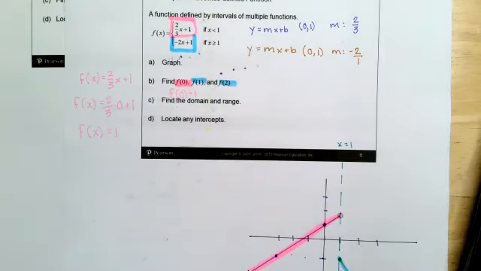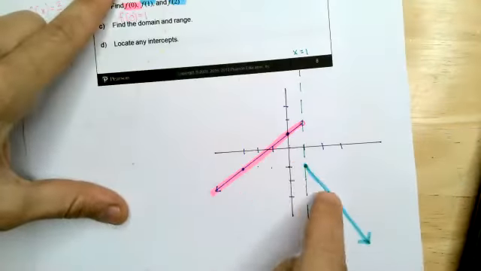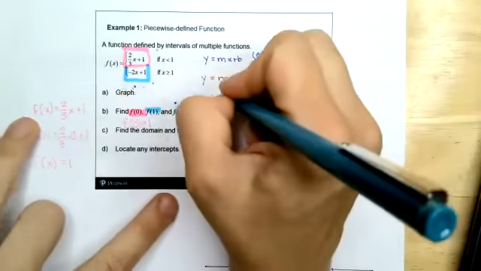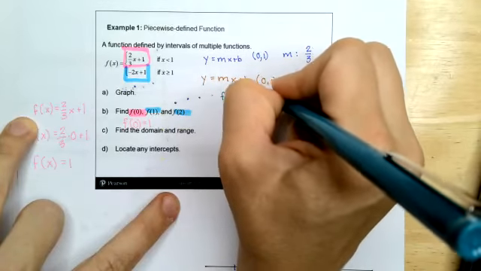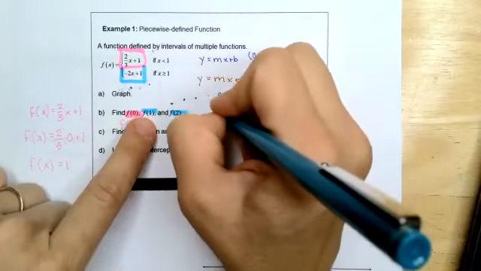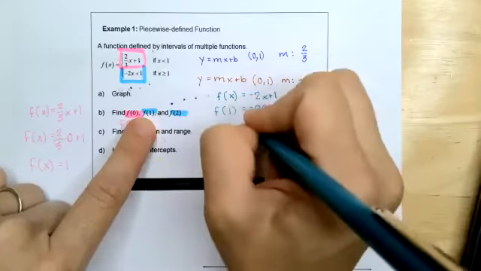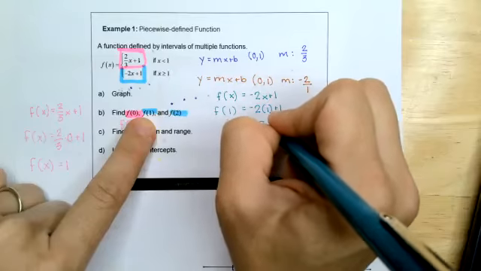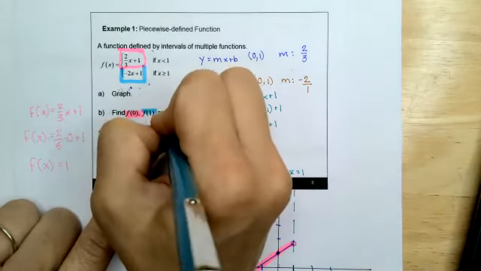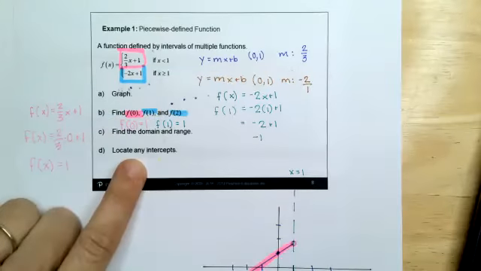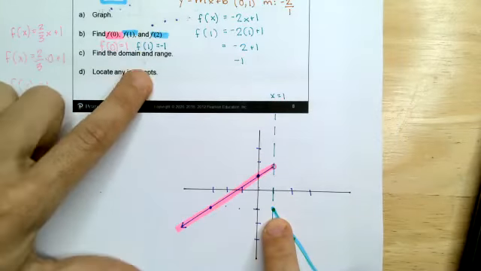And for the other two, I need to use negative 2x plus 1 because they're down here on this graph. f of x equals negative 2x plus 1. f of 1 is negative 2 times 1 plus 1. Negative 2 plus 1, negative 1. So f of 1 is negative 1, which is true.